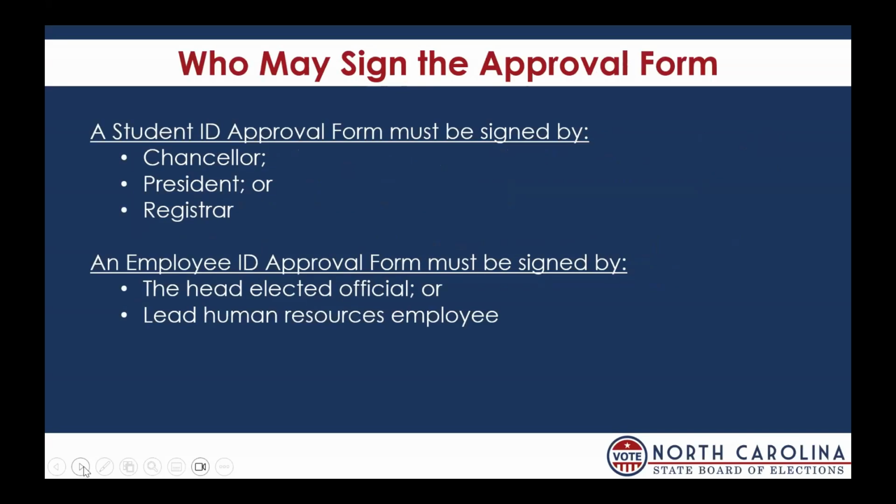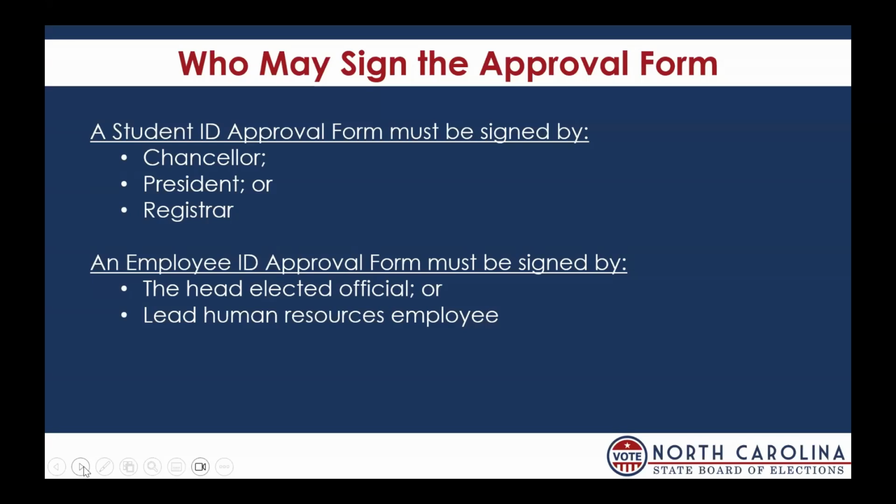Okay, so this is a very important part, and something we know we had a number of folks struggle with in 2023 and 2024. It is very important that the correct individual sign the approval form. And these are different. This is a little trickier for those public colleges and universities that may be looking at doing both the student and the employee ID form, because these don't mirror together very well.